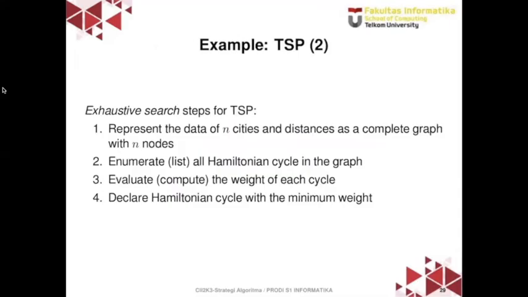For TSP, the exhaustive search steps are: first, we need to represent the data of n cities and distances as a complete graph with n nodes. And then we enumerate or list all Hamiltonian cycles in the graph, and then we evaluate or compute the weight of each cycle, and we declare the winner, which is the Hamiltonian cycle that has the minimum weight.